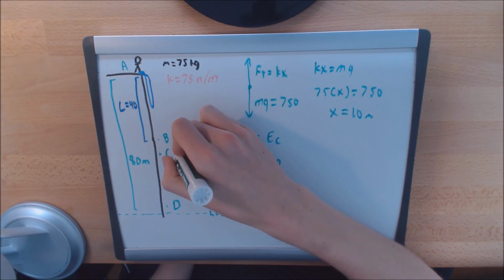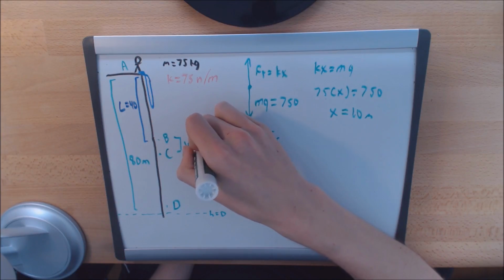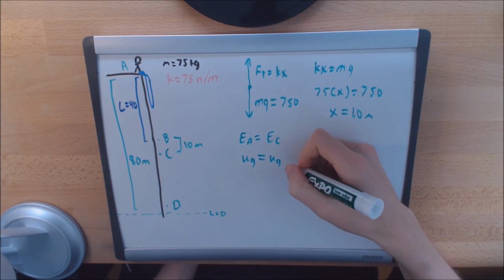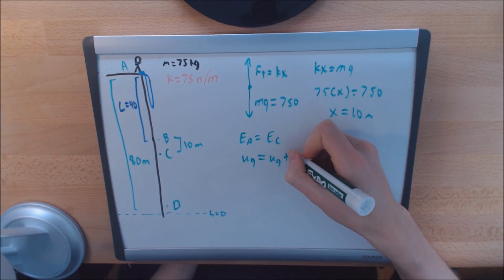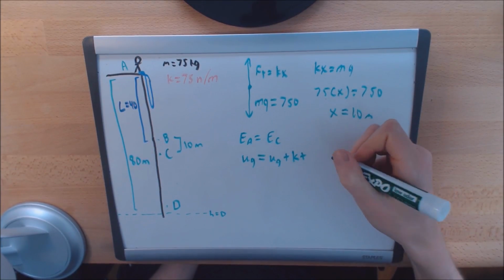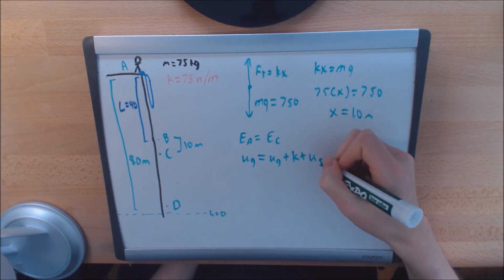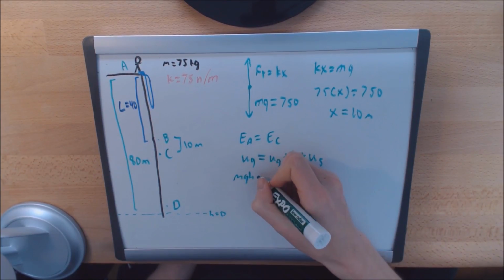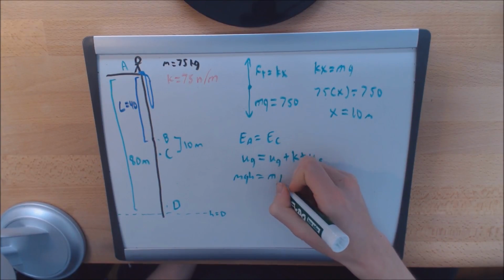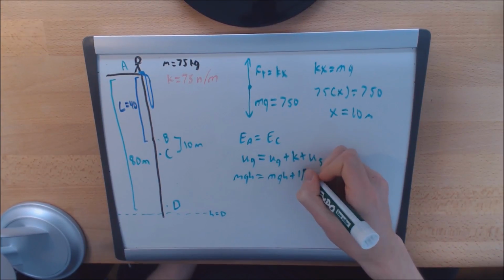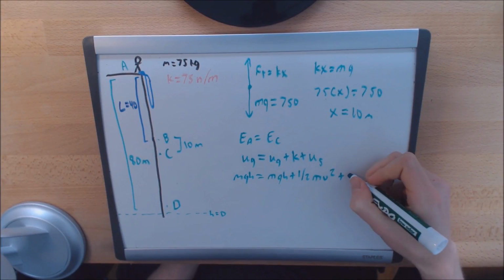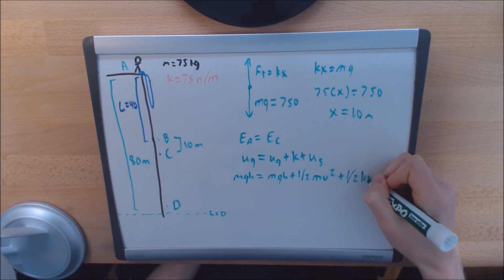Because that extra stretch is 10 meters. So we got that component. We have a kinetic component because he's moving, and we have a spring component because of the bungee cord. So we'll write mgh equals mgh plus 1/2 mv squared plus 1/2 kx squared.